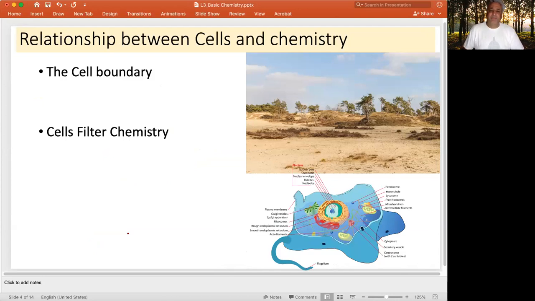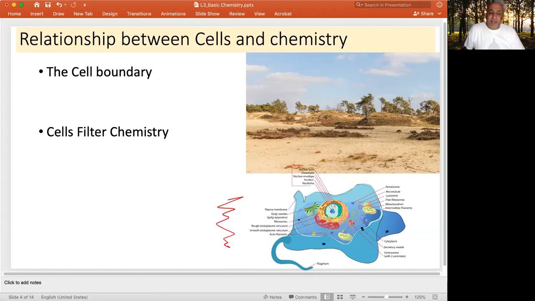So here's a cell, and this cell has a membrane depicted in blue. The chemistry outside the cell could consist of almost anything, depending on where the cell is. If that was an amoeba living in a water pond, it will have different chemistry than if it was living in the ocean, right? So the environment can vary, but the inside of the cell will be very, very precise.